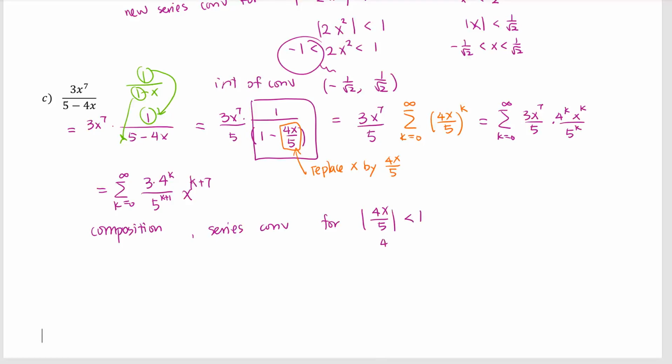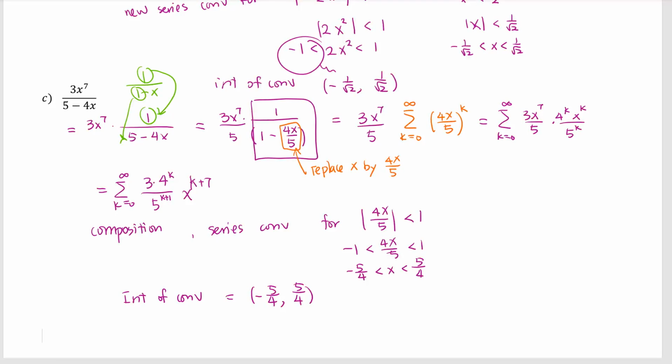So 4x over 5 is between 1 and minus 1, multiplied by 5 divided by 4, we get x. That's why our new interval of convergence is negative 5 over 4 to 5 over 4. Okay, so far so good.